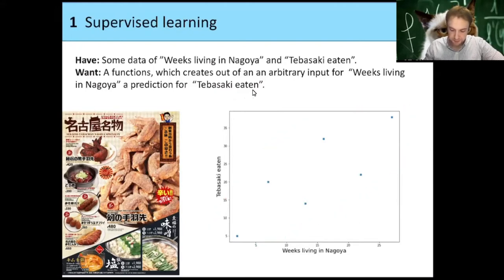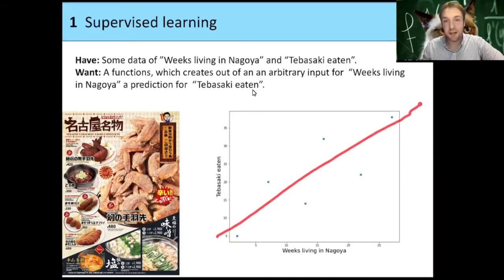For example, here's a person who just lives 2 weeks in Nagoya, and he or she ate 5 tebasaki, but there's also a person living here for 30 weeks, and he or she ate like 37 tebasaki. And we see that there seems to be some relationship between the number of weeks living in Nagoya and tebasaki eaten. The observation was that this might be some linear graph like this.